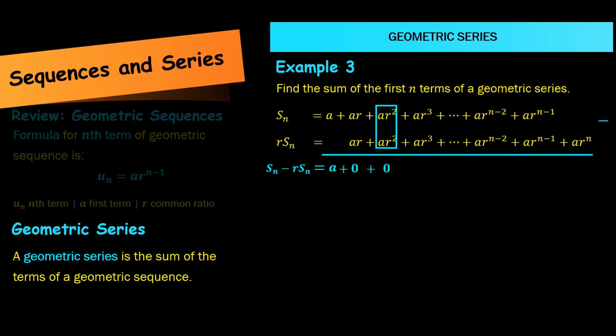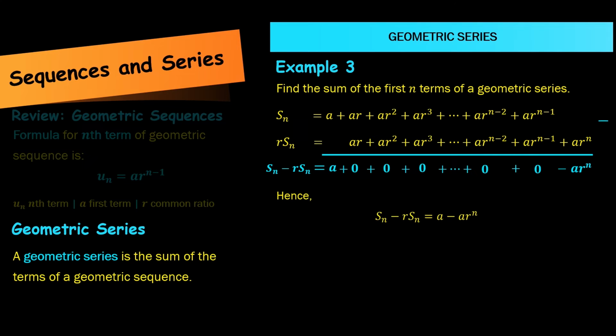And similarly, ar squared minus ar squared is 0 again, and this continues until almost the end of the series, until we get to the last term of r times s subscript n, where we apply 0 minus ar to the power n to obtain minus ar to the power n.